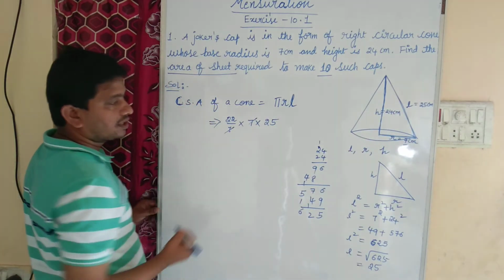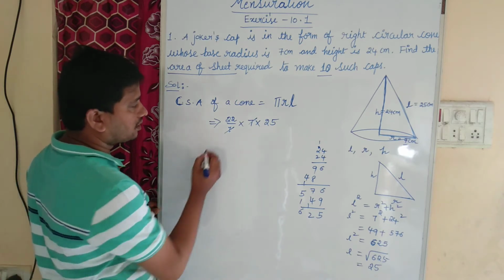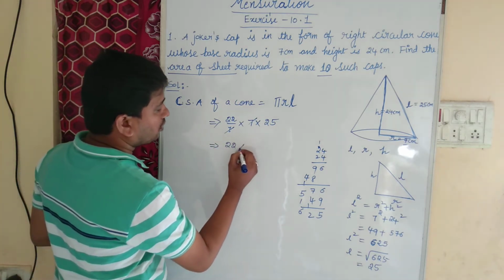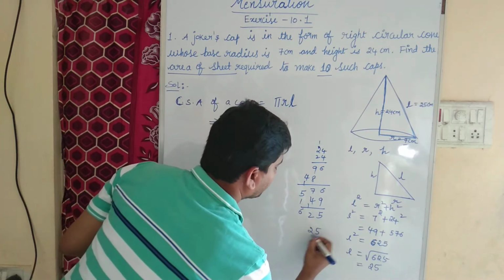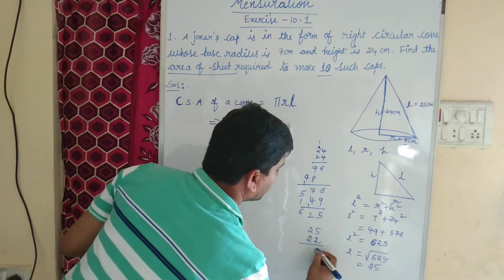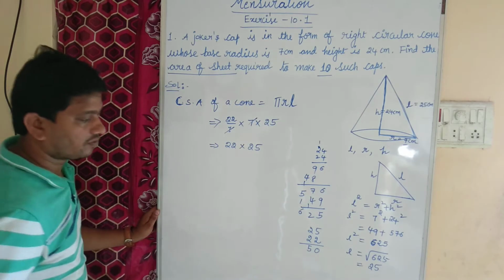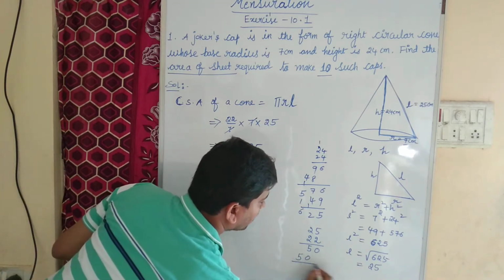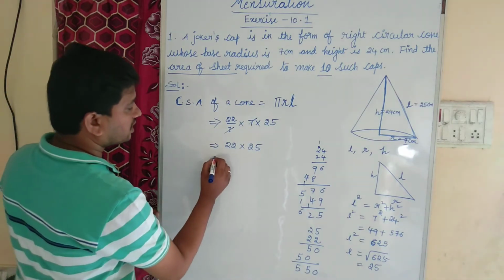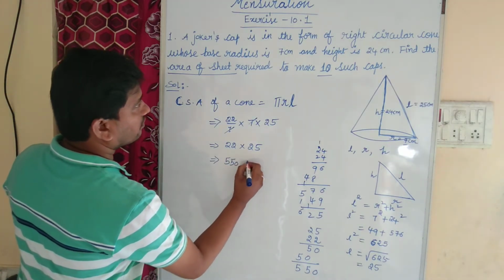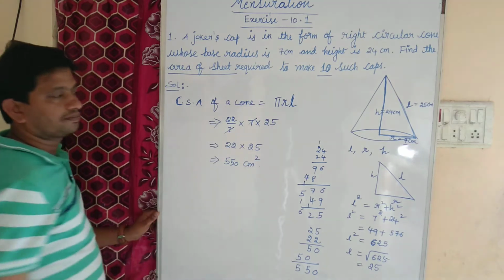The 7s get cancelled. So 22 into 25, that is 550. So what is the CSA? CSA equals 550 square centimeter.